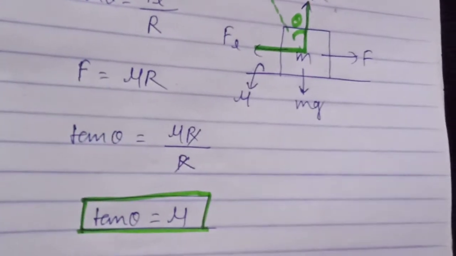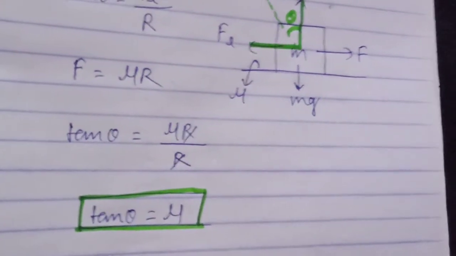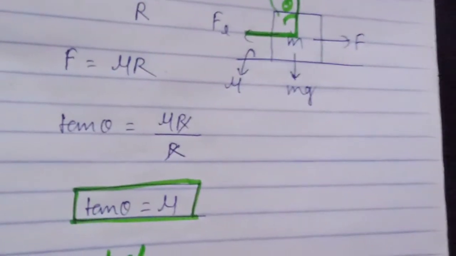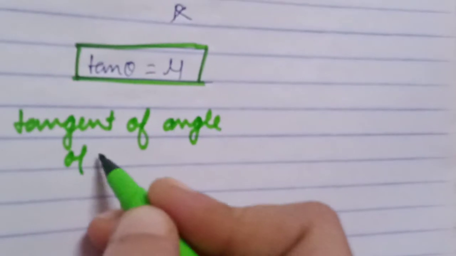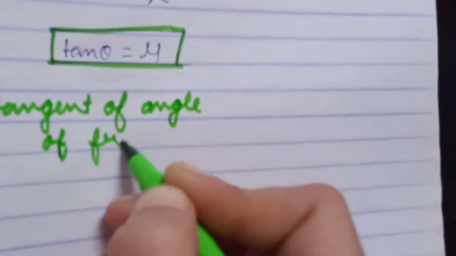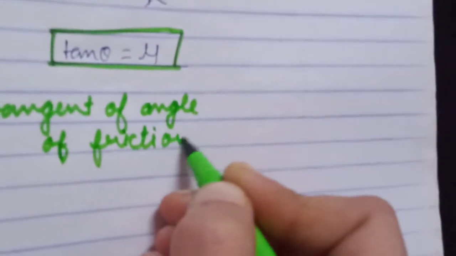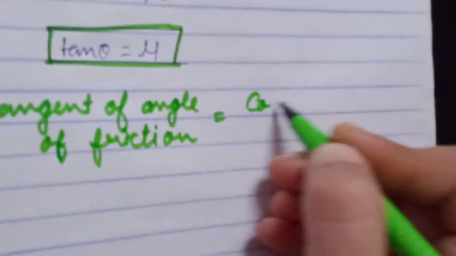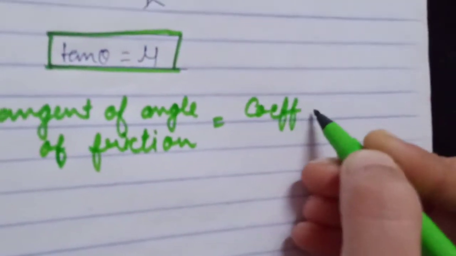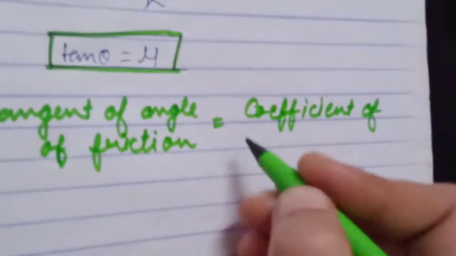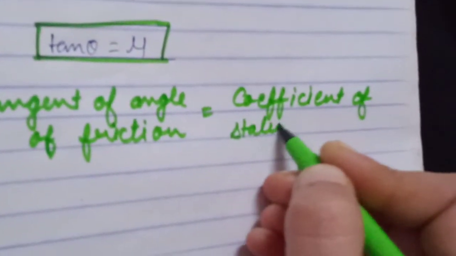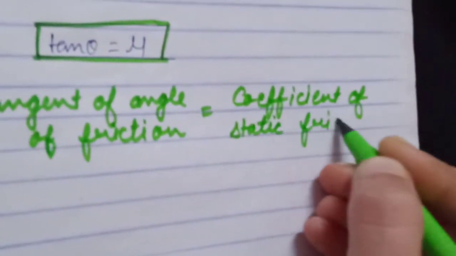The tangent of the angle of friction is equal to the coefficient of static friction.